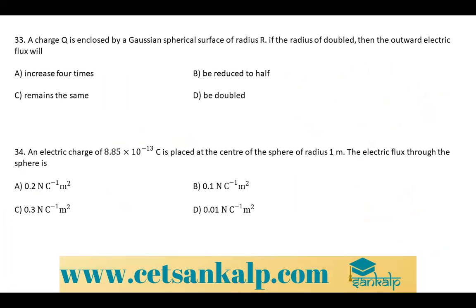If the radius is doubled, then the outward electric flux, that concept, phi is equal to q divided by epsilon naught. q is the charge enclosed. Now if the radius is doubled, the outward flux will remain the same. So nothing changes. Why?